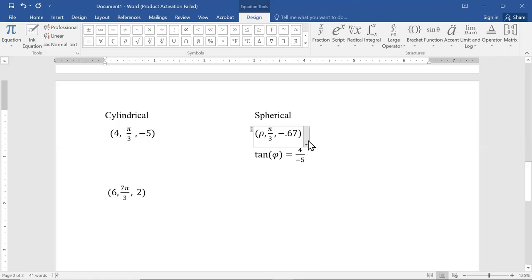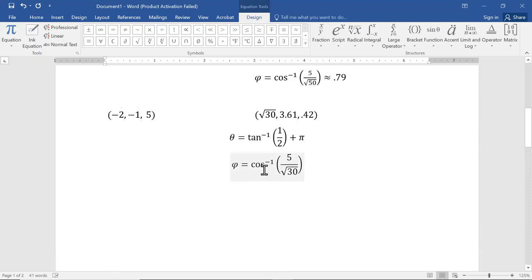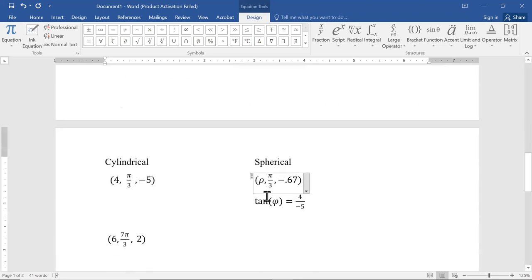Now you might say, wait a second, in previous examples cosine inverse gave me back a phi between 0 and pi, but tangent inverse is going to give me back a phi between negative pi over 2 and positive pi over 2. But again, that's perfectly fine because we're taking care of the quadrants and octants using our theta again.